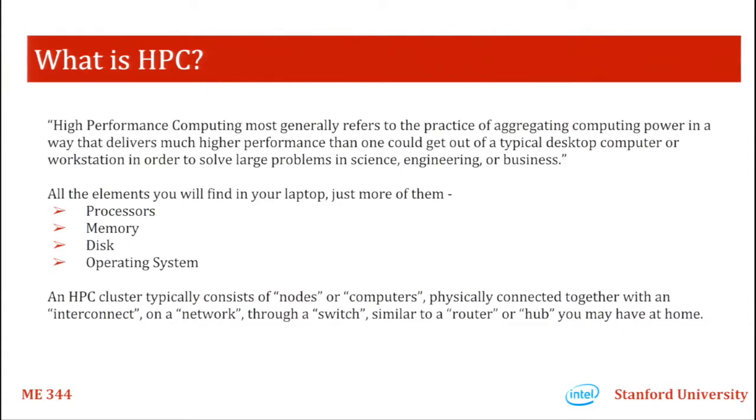Could be Ethernet, could be InfiniBand, could be OmniPath. In the case of our course cluster, it's Ethernet and OmniPath connecting them together, one for setup of the system, the other for communication when you're running a job.